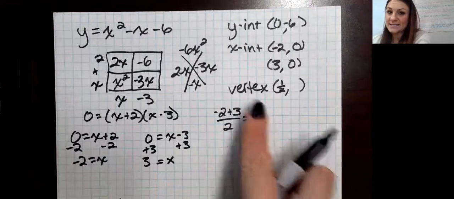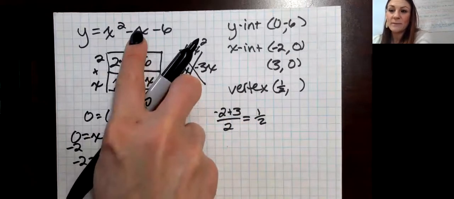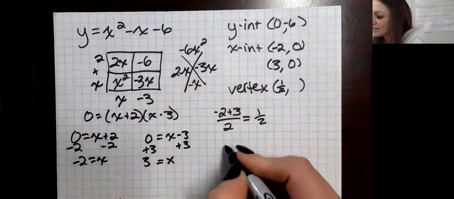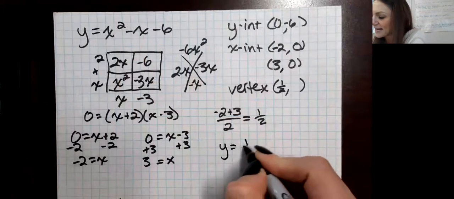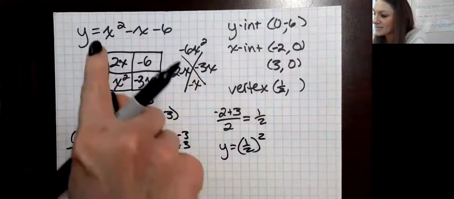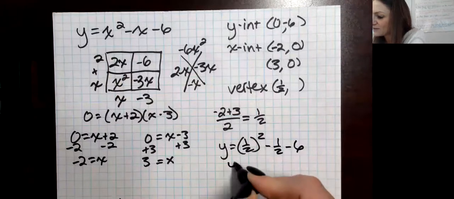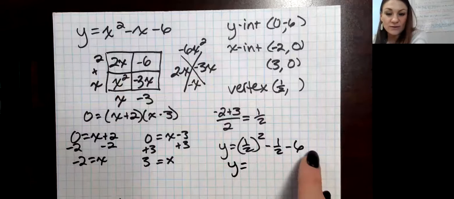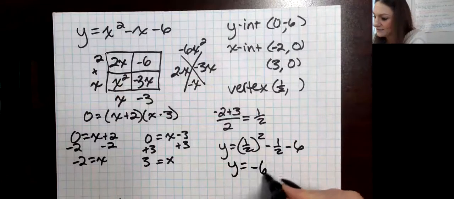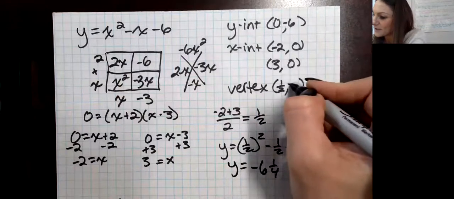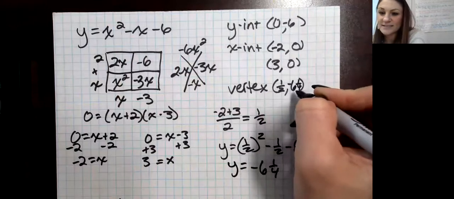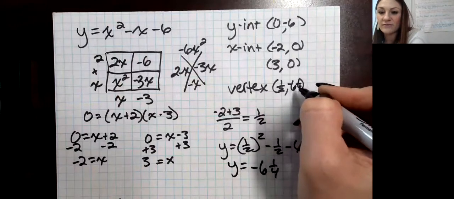Well, I take this and plug it into my original equation so that I can find the y value when x is 1/2. So I'm taking x out and replacing it with 1/2. Go ahead and do those calculations, and I get -6 1/4. So -6 1/4 is the y value of the vertex.